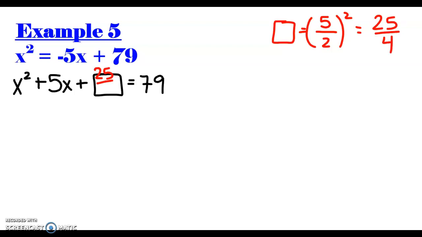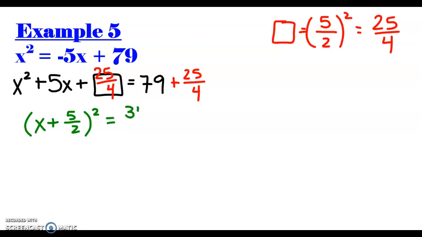So magical c is 25 over 4. So I've got x plus 5 halves squared equals 79 plus 25 over 4, which is 341 over 4. Use my calculator to figure that out.